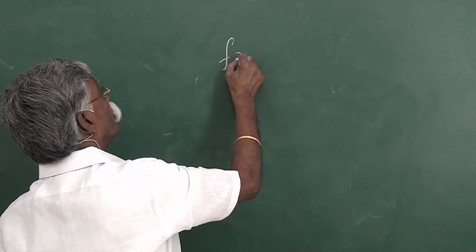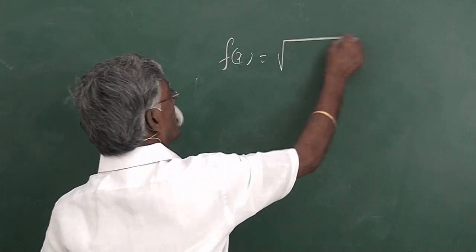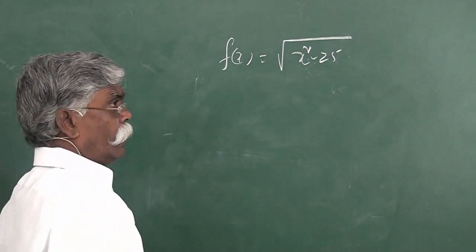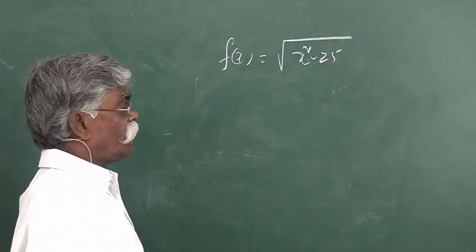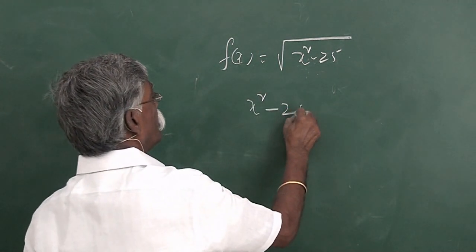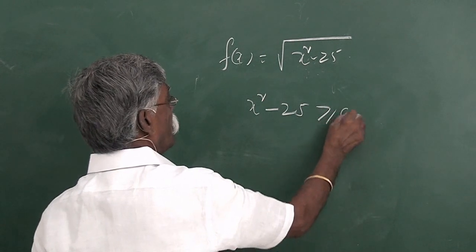Next one, f of x equal to square root of x square minus 25. And square root of x square minus 25 is a root. Therefore, x square minus 25 is greater than or equal to 0.